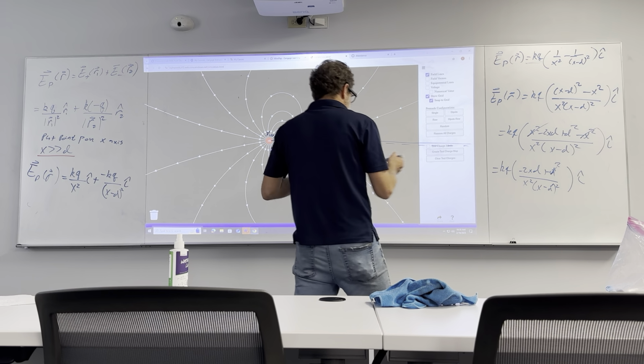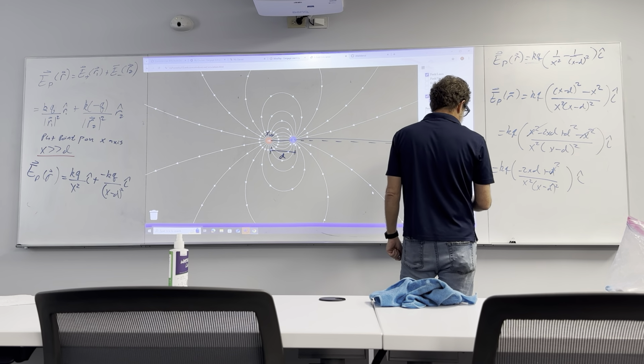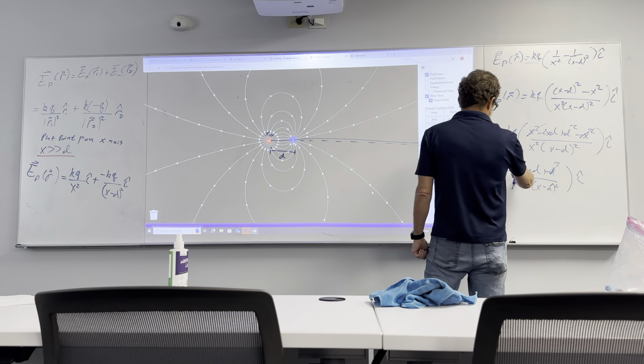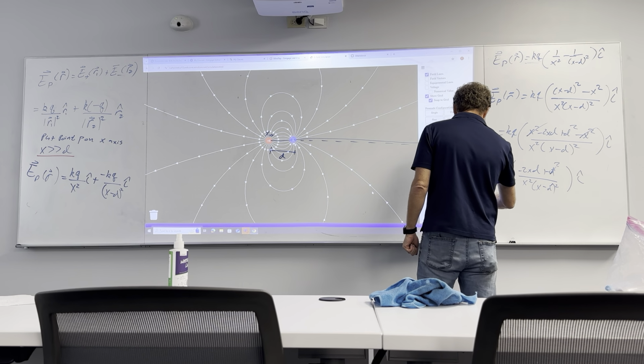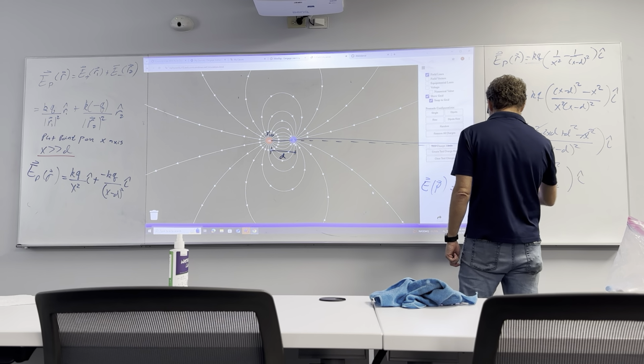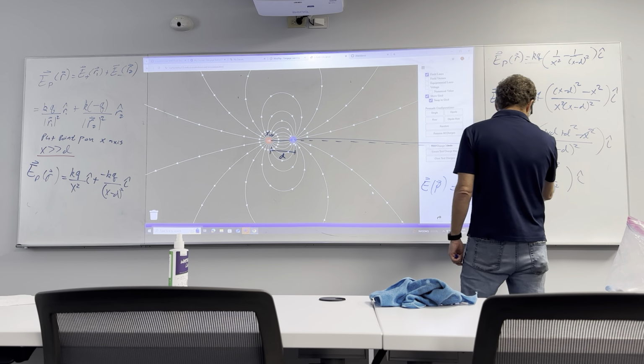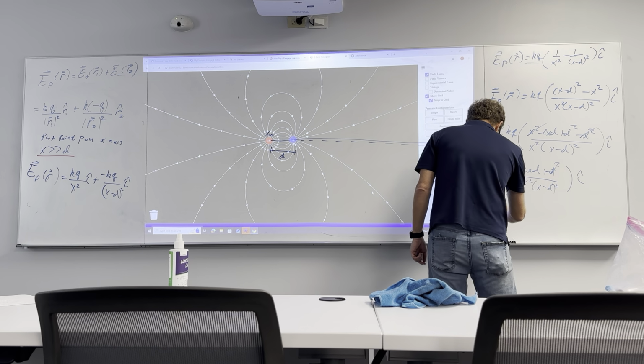So I get E as a function of P, and this is for the dipole, becomes KQ times minus 2xd, divided by x squared times x squared, which is x to the what?